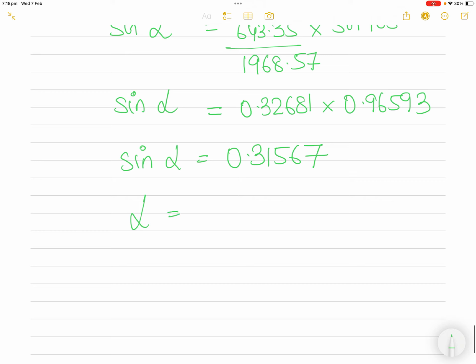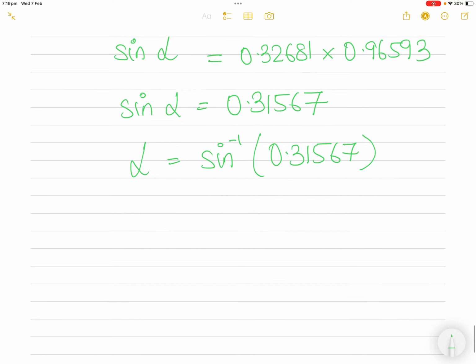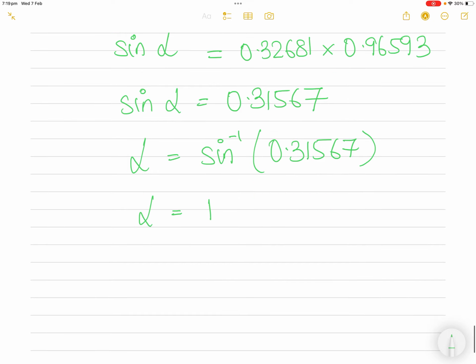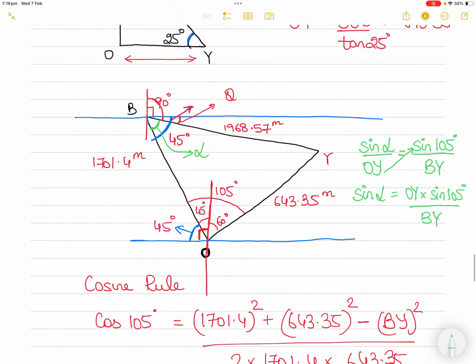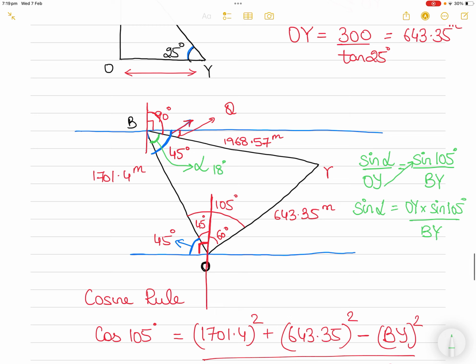So do shift inverse: L equals sine inverse of 0.31567, and you get 18.4 degrees, or 18 degrees 24 minutes, whichever you find easy. So remember what you have found out: angle L is 18 degrees 24 minutes or 18.4 degrees.